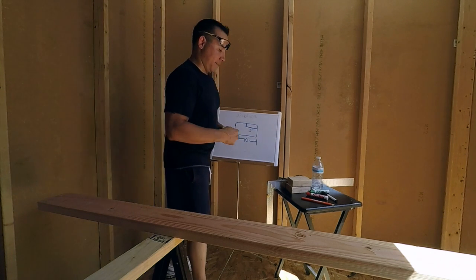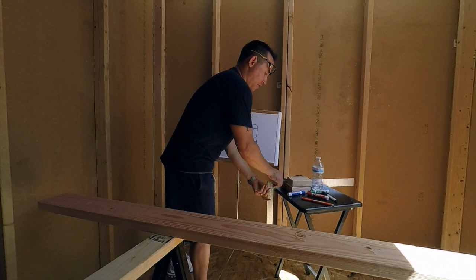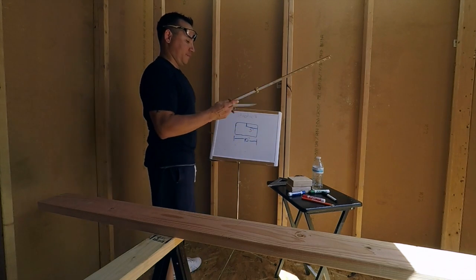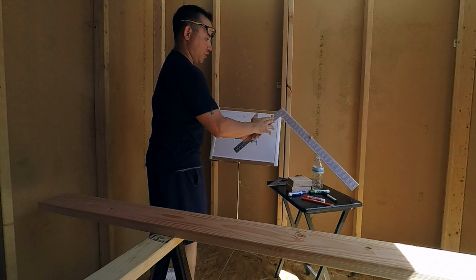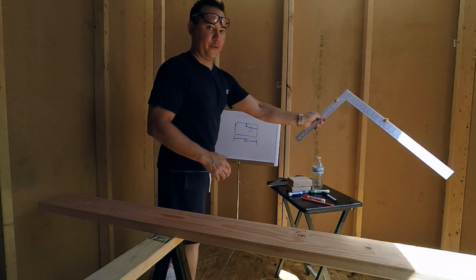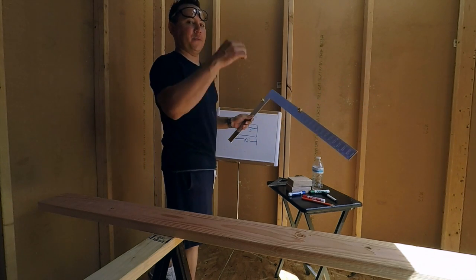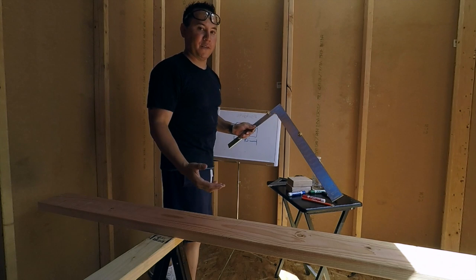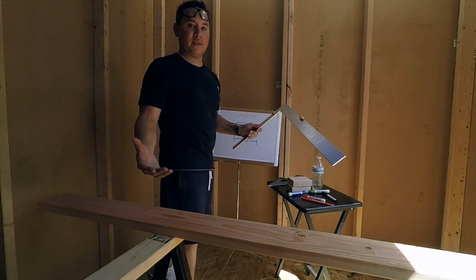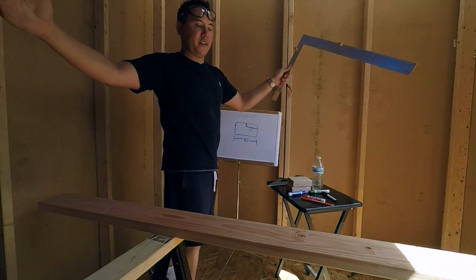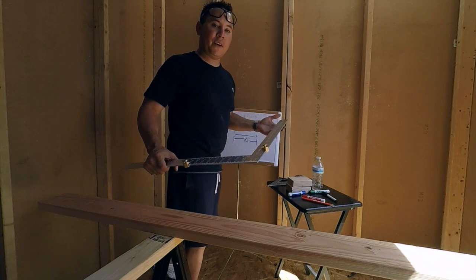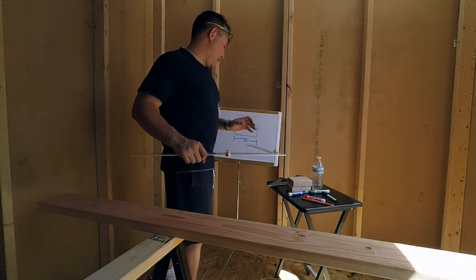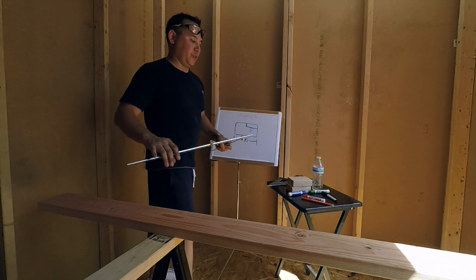Each step that you're going to be taking on your rafter is going to be 1, 2, 3, 4, 5 to get to your bird's mouth. Don't forget your rafter tail, whatever length you decide you want. If you want a large rafter tail, you're going to make yourself a large rafter tail. If you want a 6-inch overhang for a rafter tail, that's what you're going to make. It doesn't matter what you decide.